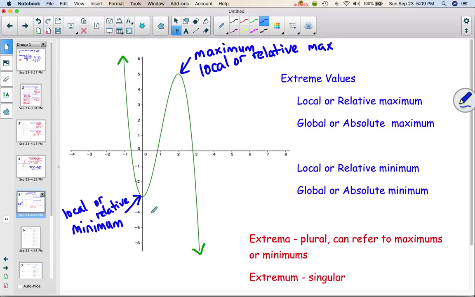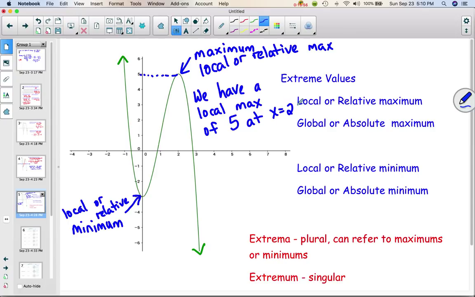Now when you report, if you were just asked what is the maximum or the relative max, you report the y value actually for this because you're talking about the maximum height. So we have a local max of 5 at x equals 2.